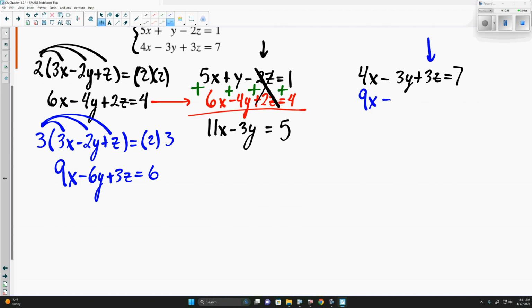So we can put our 9x minus 6y plus 3z is equal to 6 under the other equation. And this time, because our z's have the same sign, we will subtract.